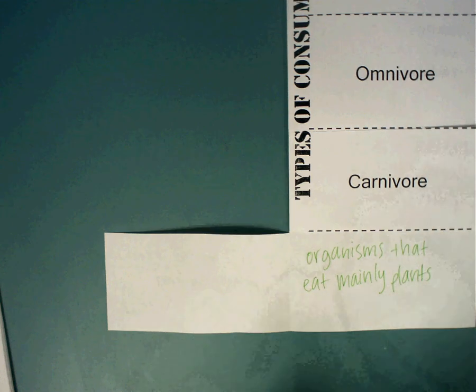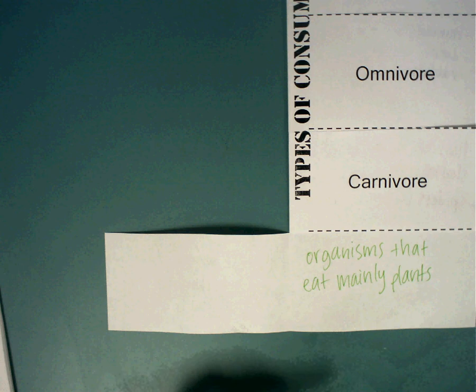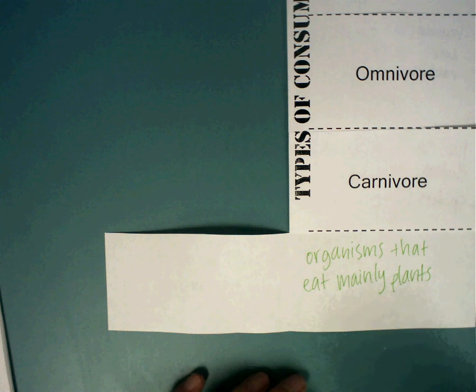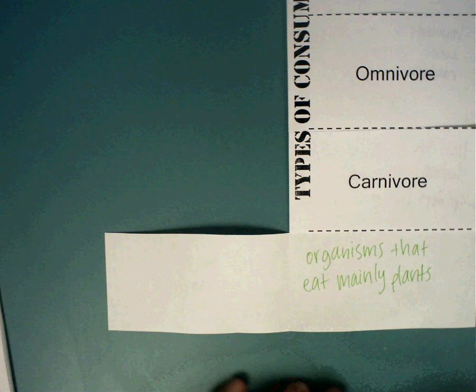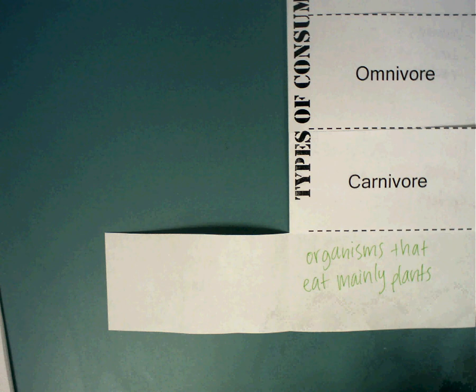Okay? So again, that's all of those types of plants. So there's grass, leaves, trees, fruits, roots, barks, pollens, flowers, okay? Those are all the types of plants that a herbivore could eat. So what are some herbivores that you know of?